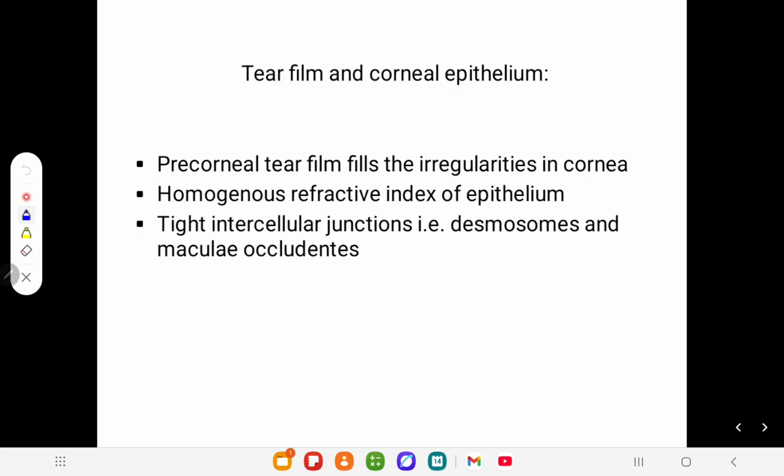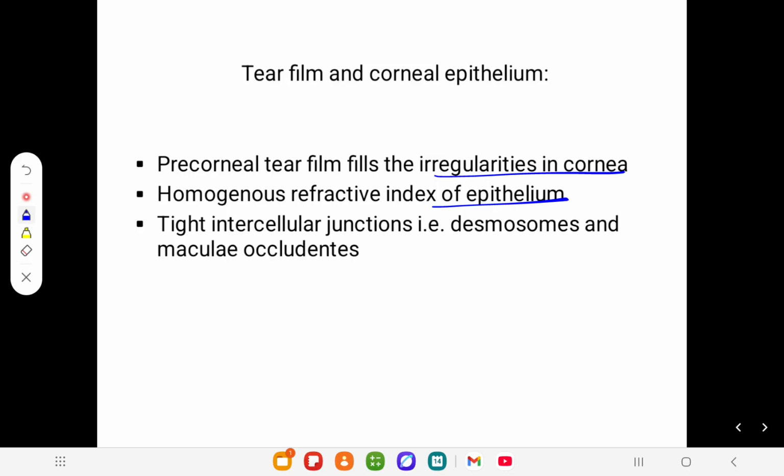Let's move further. So tear film and corneal epithelium. What do you mean by that? So precorneal tear film fills the irregularity of the cornea. Basically, healthy tear film fills the irregularity of the cornea, and homogeneous refractive index of epithelium. So basically, epithelium maintains its homogeneity.